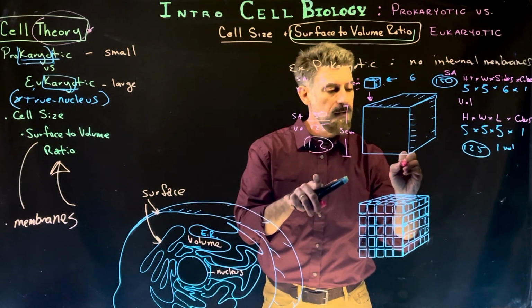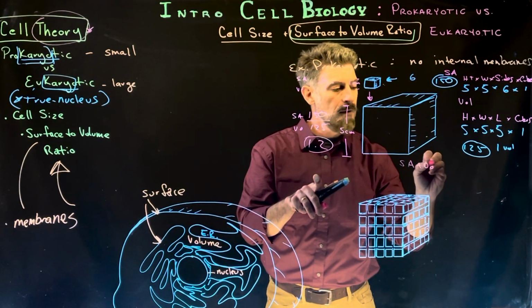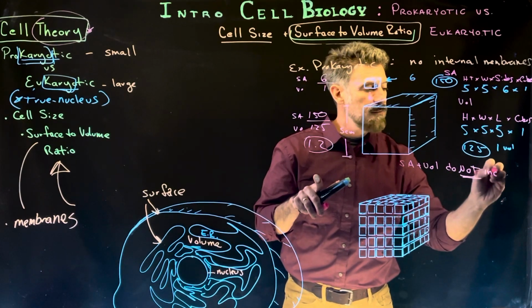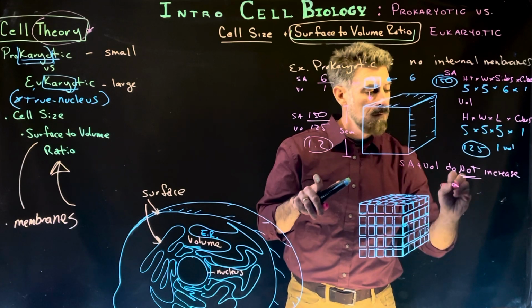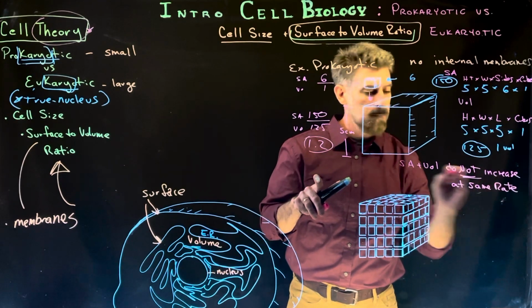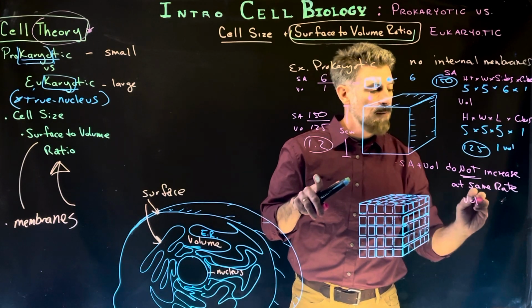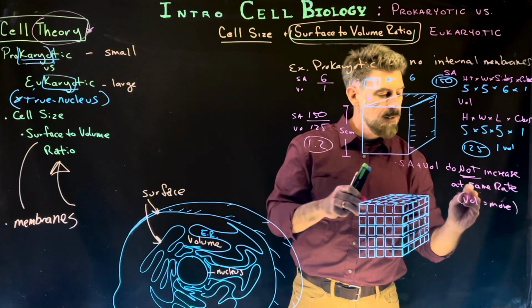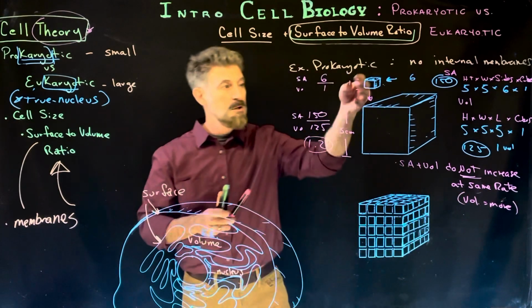Remember, surface area and volume do not increase at the same rate. Volume, just to simplify it, more. Volume's going to increase more than the surface area will if you just get bigger.